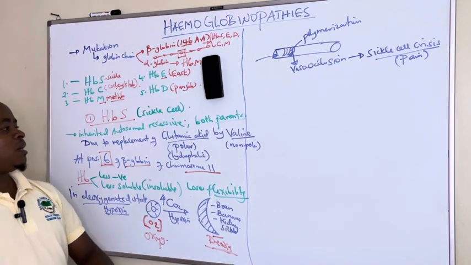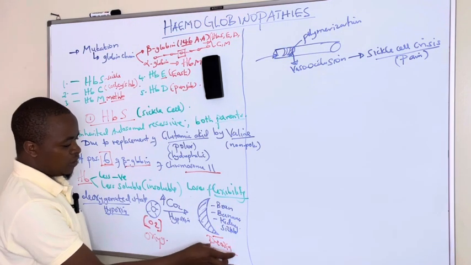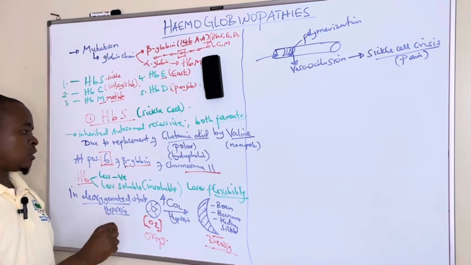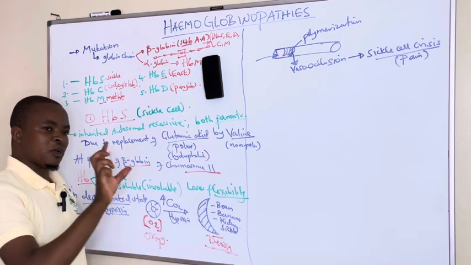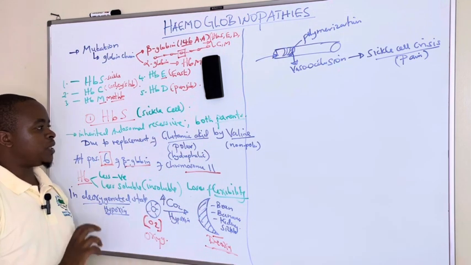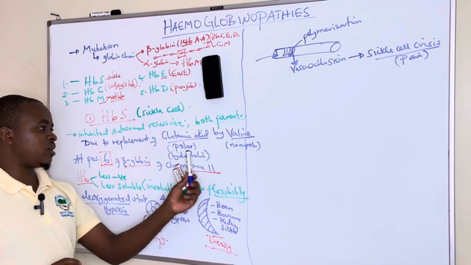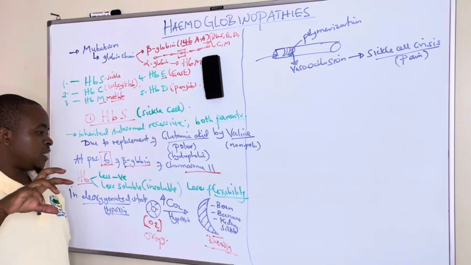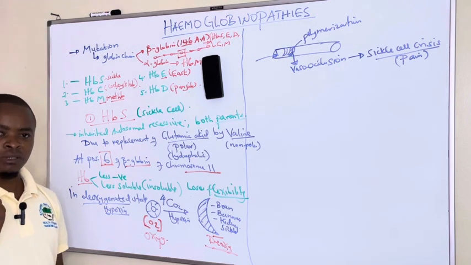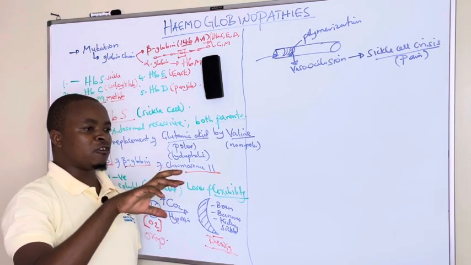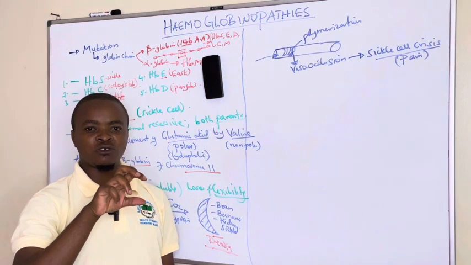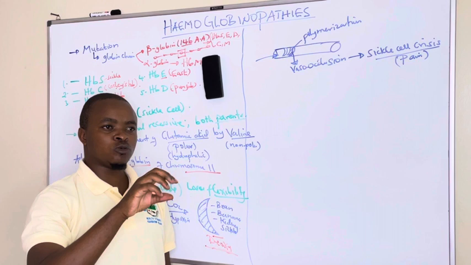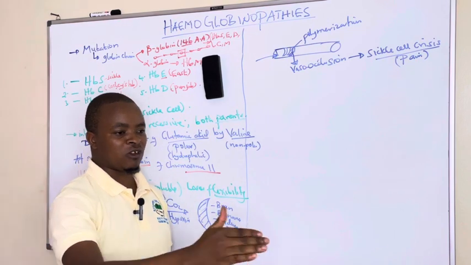Whenever this polymerization of sickled cells in the deoxygenated state occurs, remember these cells have lost their flexibility because they are insoluble, due to replacement of glutamic acid, which is polar, by non-polar valine. They become less soluble and they lose their flexibility. So as they are maneuvering within the smaller microvascular vessels, they are not able to be flexible enough to maneuver through.